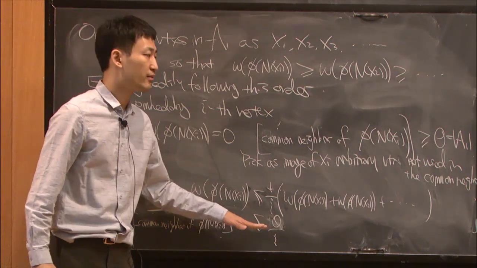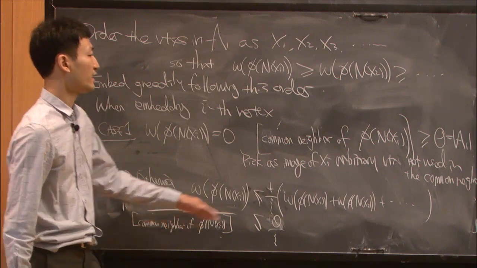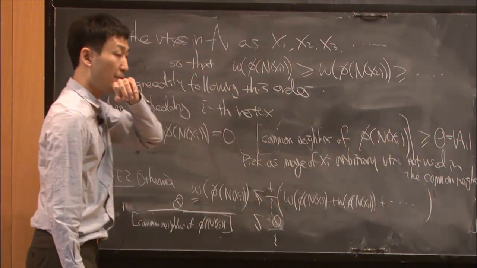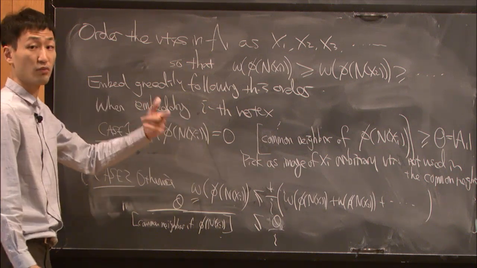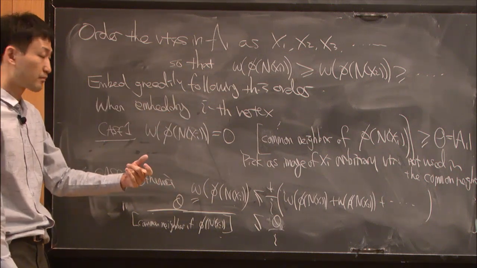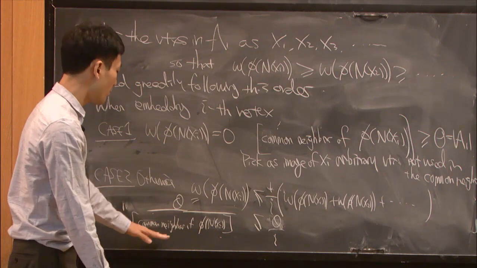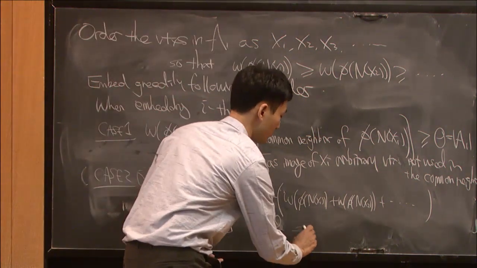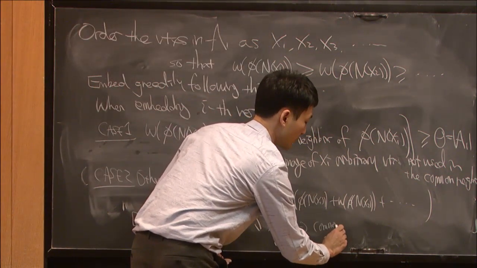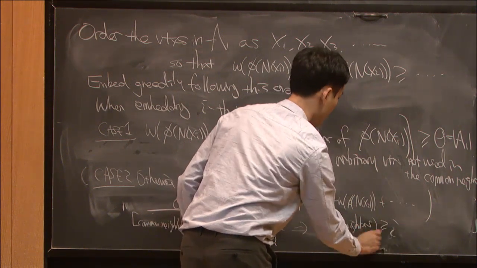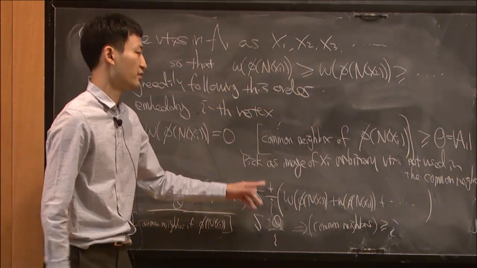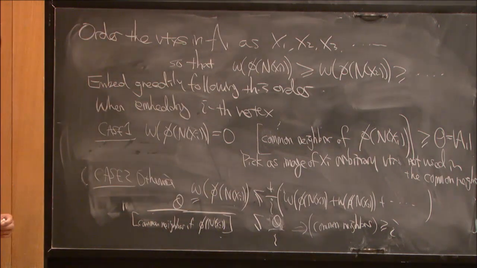And that has essentially the exact same effect as having at least theta common neighbors, because when you're embedding the ith vertex, you so far only embedded at most i-1 vertices. Meaning, having common neighbors at least i is essentially the same. You can just apply the same argument. So it works.